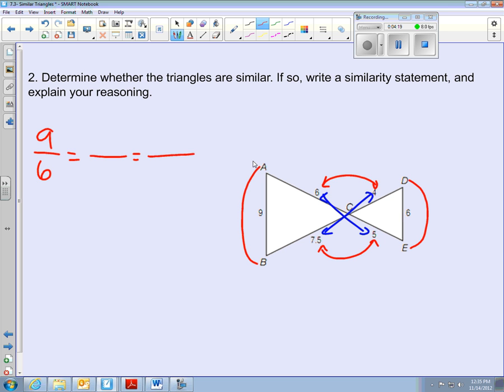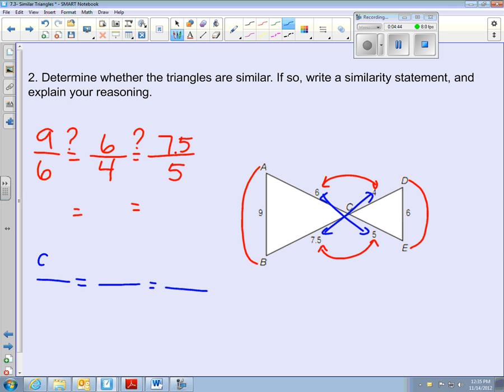So I'm going to have 6/4. Oh, and we don't know if these are equal, so we're going to put in those question marks. And 7.5 to 5. All right, so go ahead and make those into some decimals and see if they are equal. And then let's go ahead and do it with the blue ones, and then find those into decimals.